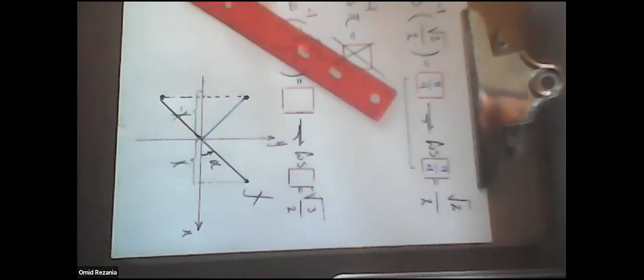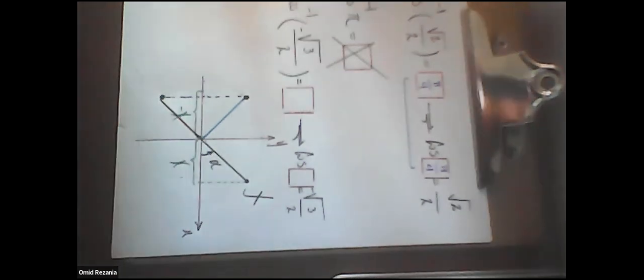Correct, Rose? Yes. By this angle, the blue one, I mean this, or by the other one, I mean this angle.